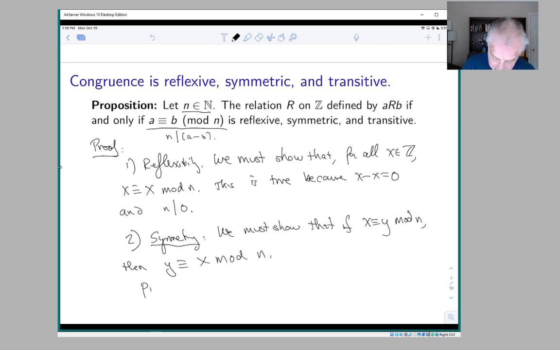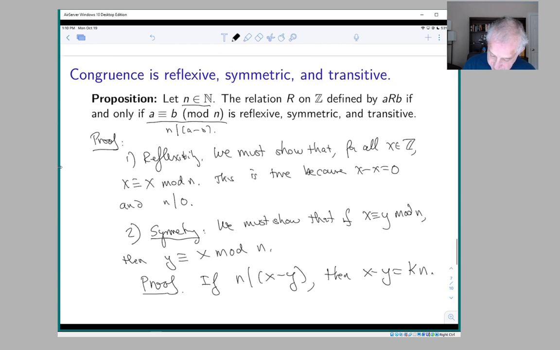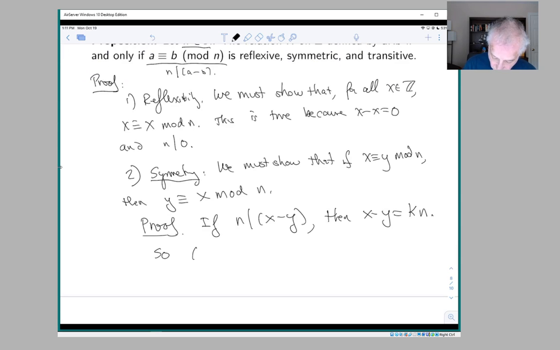And the proof of that is, if n divides x minus y, then x minus y is a multiple of n, and therefore y minus x is a multiple of n, and so n divides y minus x. So y is congruent to x mod n.